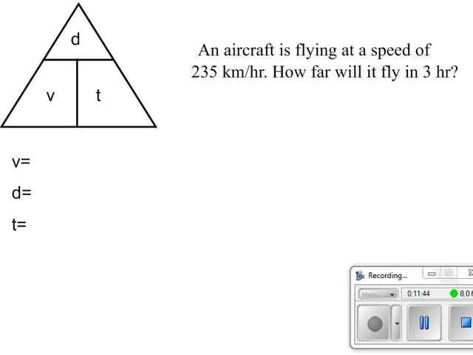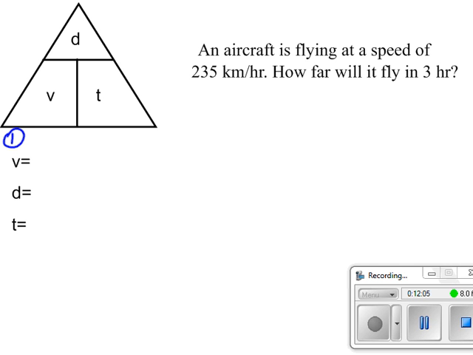All right, let's do one more practice problem. The problem is an aircraft is flying at a speed of 235 kilometers per hour. How far will it fly in 3 hours? All right, I set up my knowns and my unknowns. That's my first step.